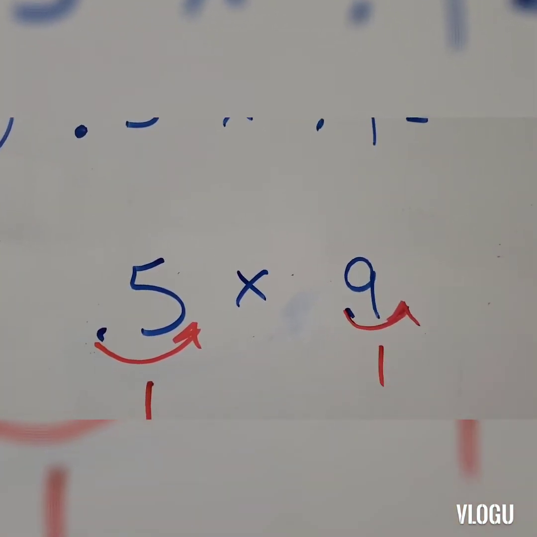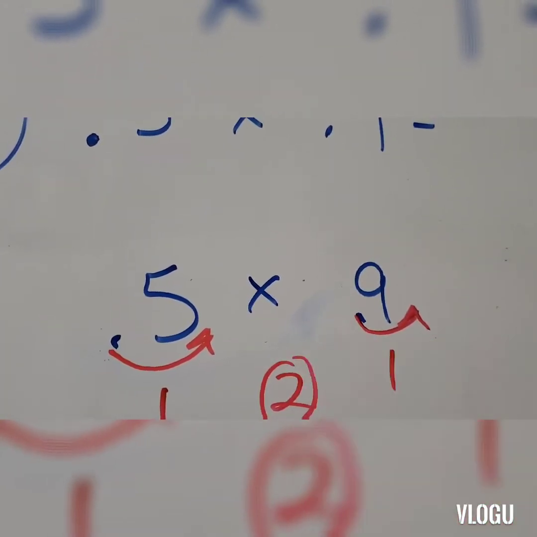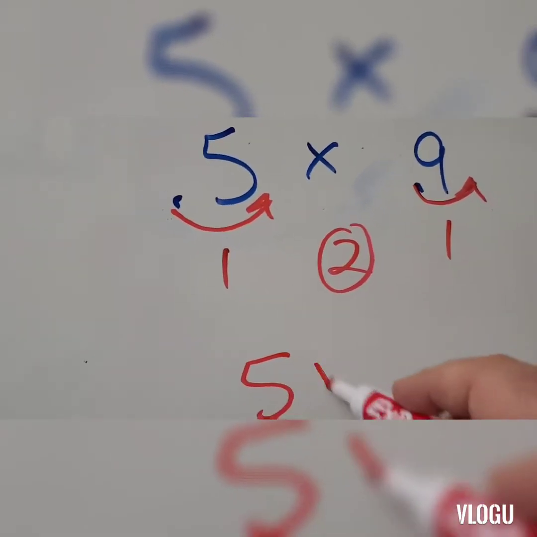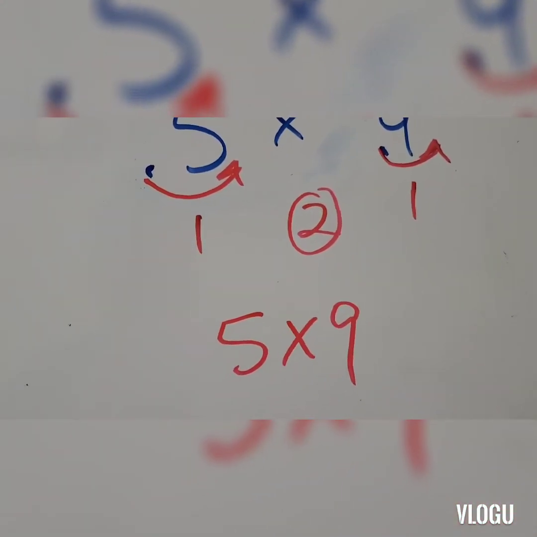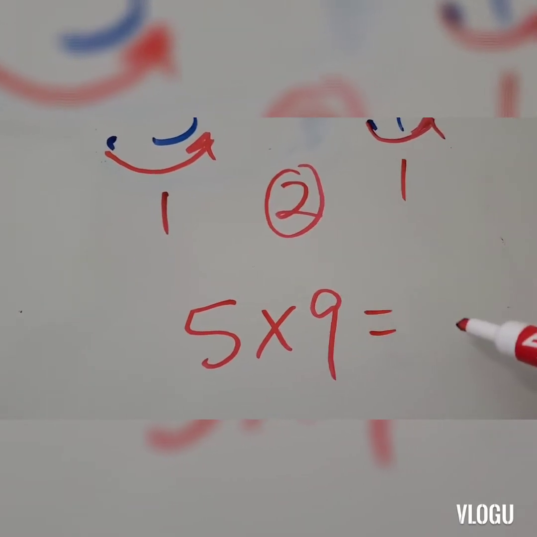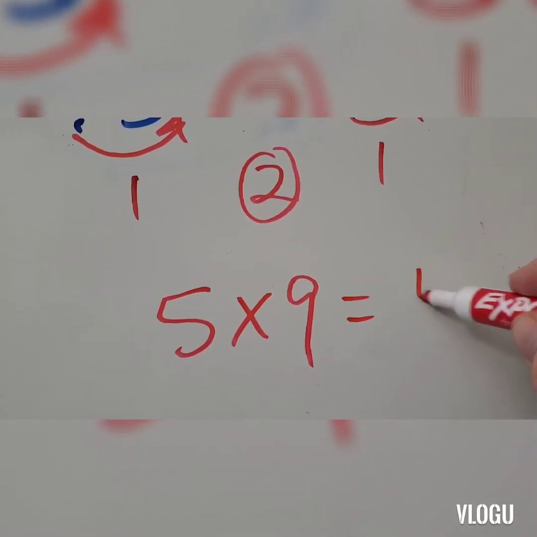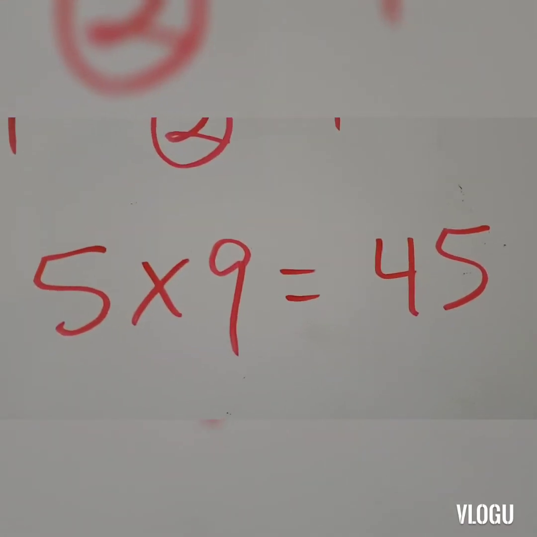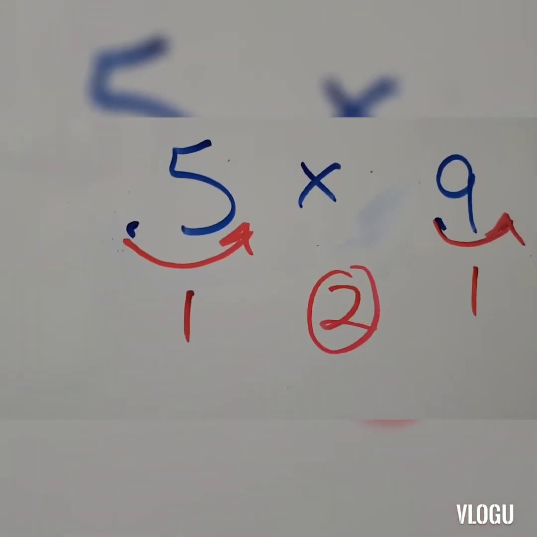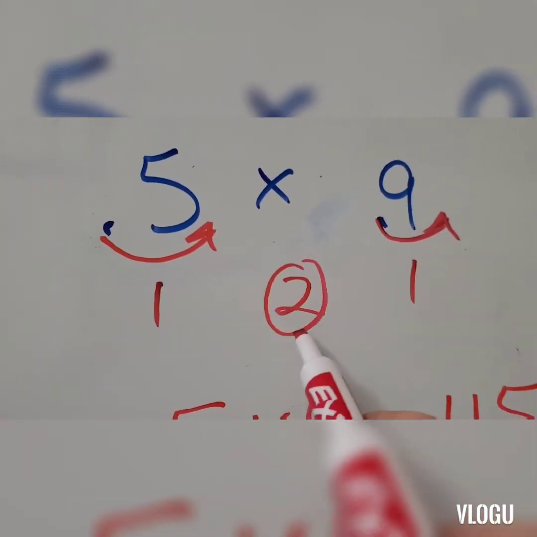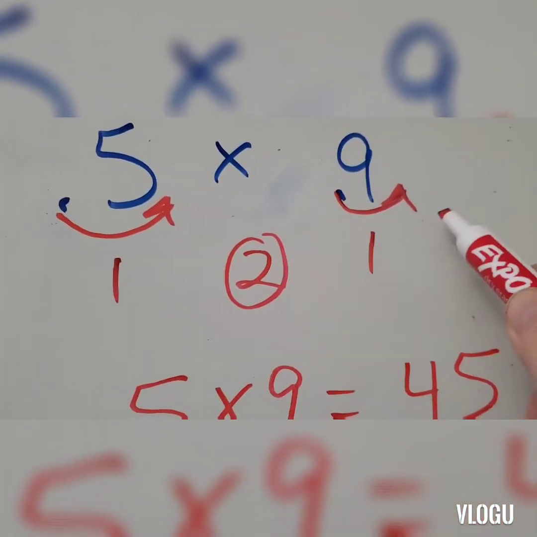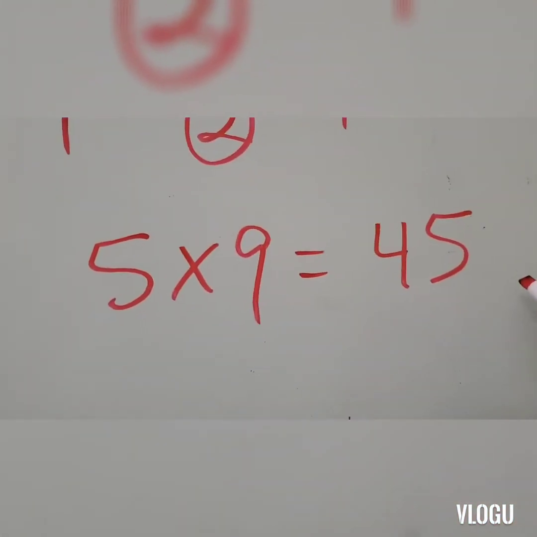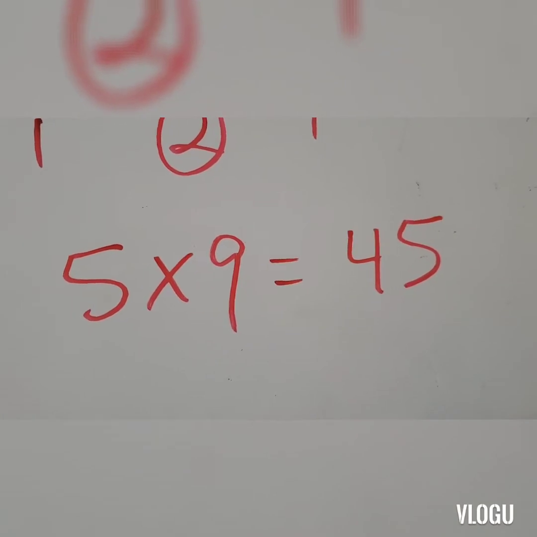I moved the decimal one spot here for a total of 2 decimal slides in the problem, making this a 5 times 9 problem. 5 times 9 is equal to 45, except the problem is not 5 times 9, it's 0.5 times 0.9, and if I slid the decimal 2 spots out to make 5 times 9, I need to slide my decimal back into the answer.